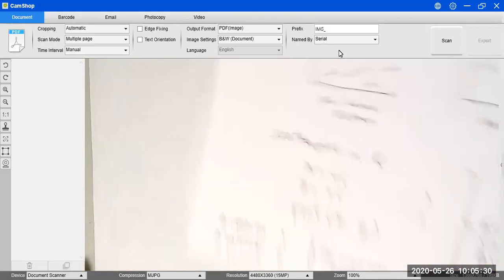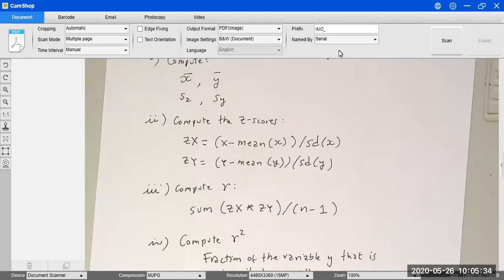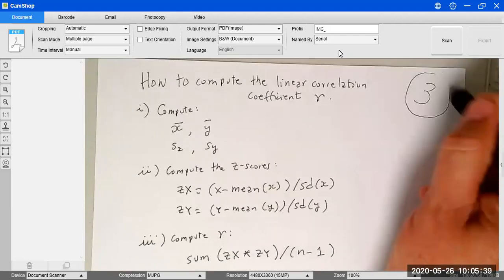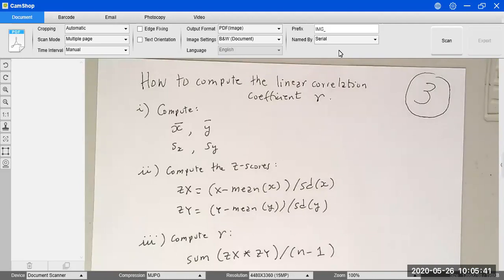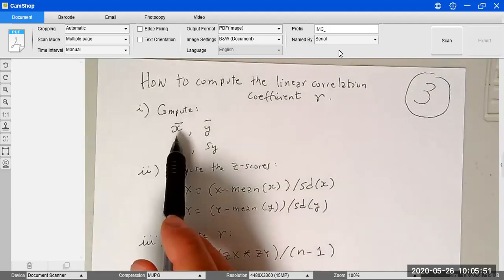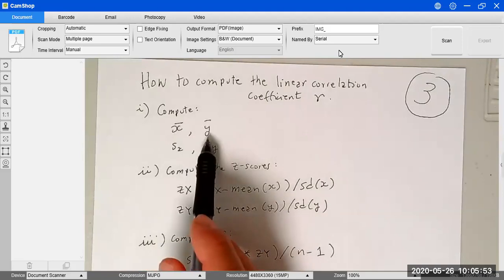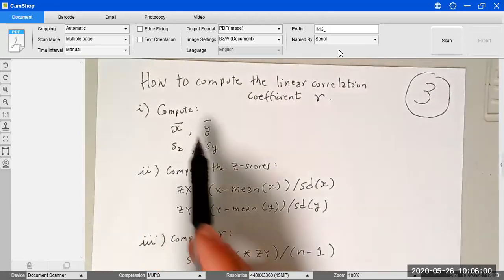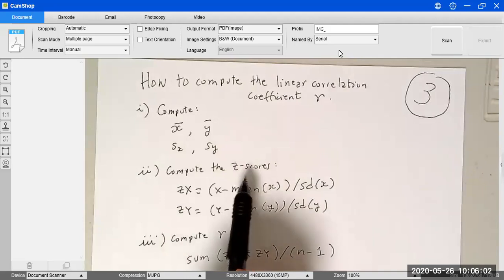So what are the steps to find the correlation coefficient? I just summarized the steps here. We're going to start computing numerical summaries from our data sets. So we're going to get the mean of x, the mean of the y values. We're going to get the standard deviation of x, the standard deviation of y. That's the first step. Then we're going to compute the z-scores for x and y.